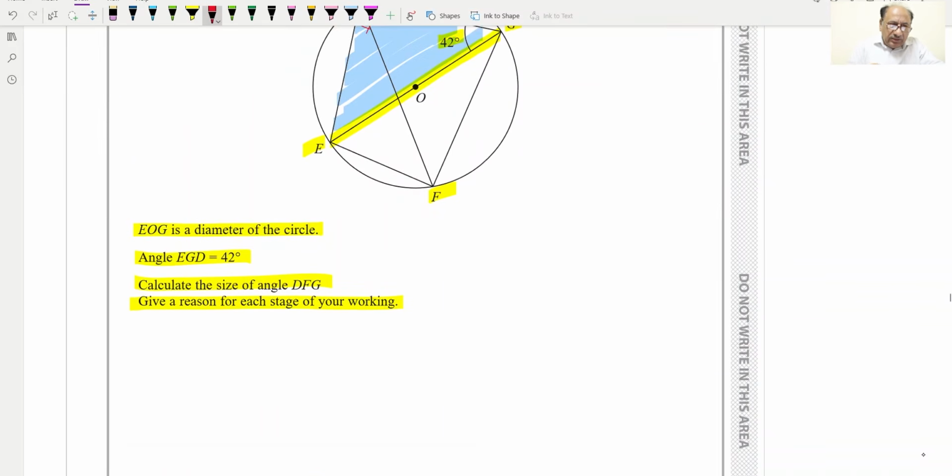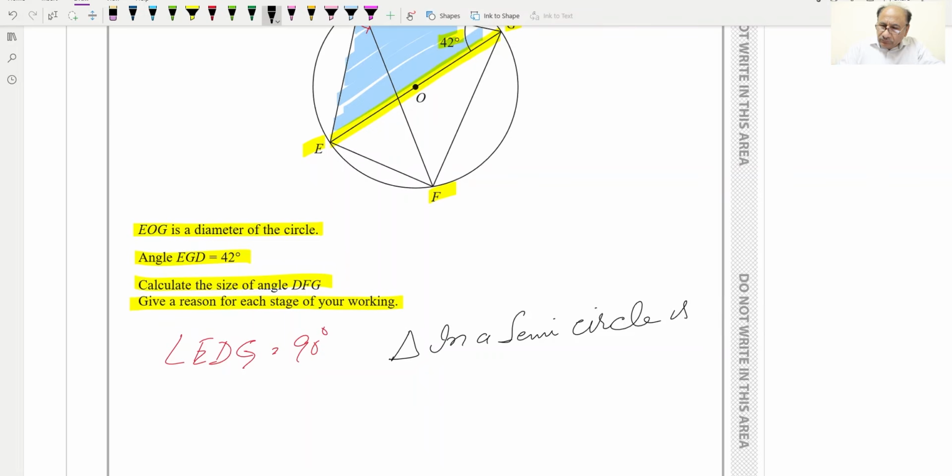So we can write angle EDG is equal to 90 degrees. And what is the reason? Angle in a semicircle is a right angle.